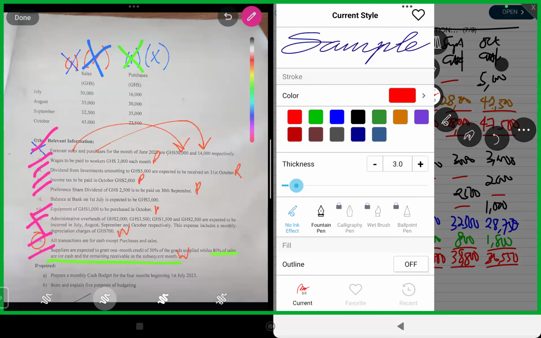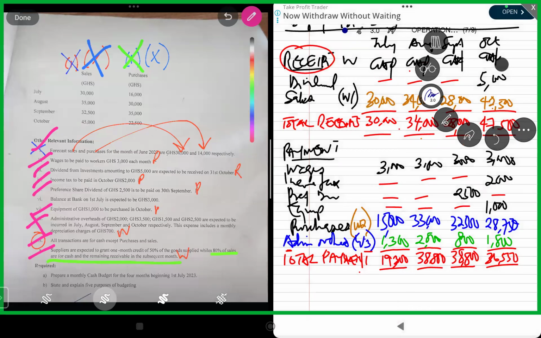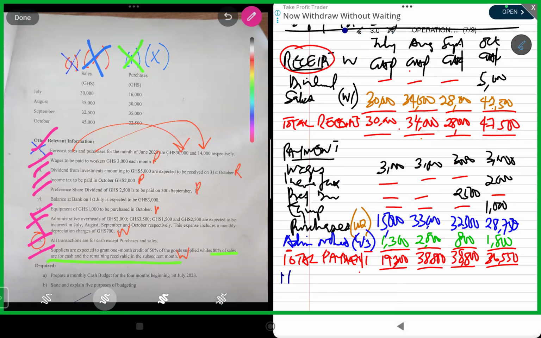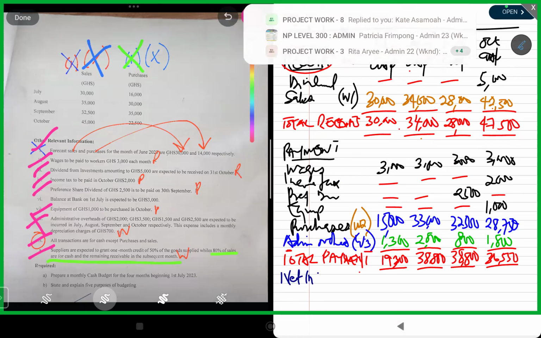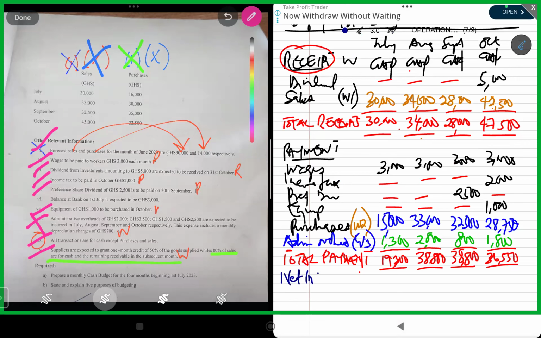Then I would say here, I'll say net inflow, or I can say surplus or shortage.